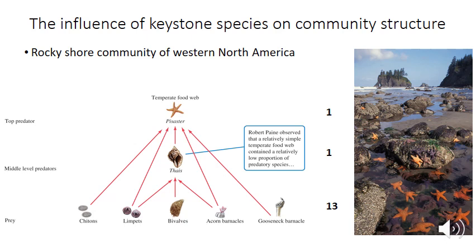So they were made up of things like chitons, limpets, bivalves like mussels, and barnacles. What Paine did was, in plots on these beaches or in this intertidal zone, he removed that apex predator from the community and then watched how the community changed in response to removing that predator.